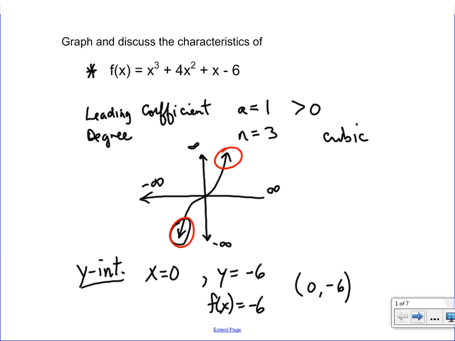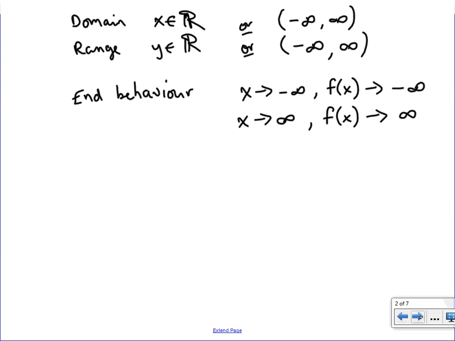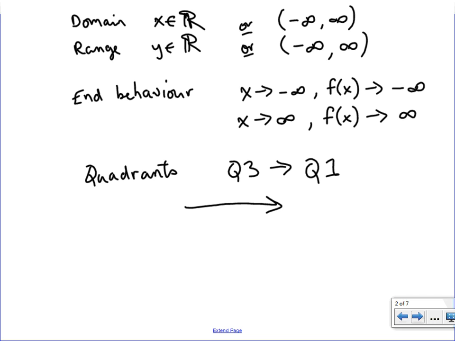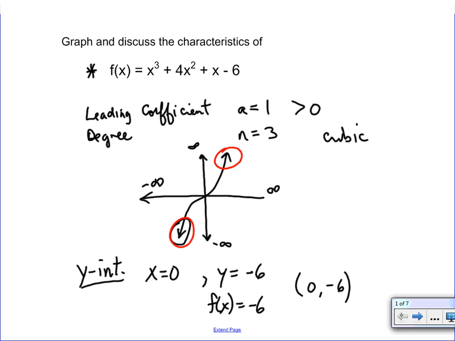Also, a quick discussion on quadrants should be mentioned. Our particular graph, as I read from left to right, starts in quadrant 3, and as I read from left to right, ends up in quadrant 1.